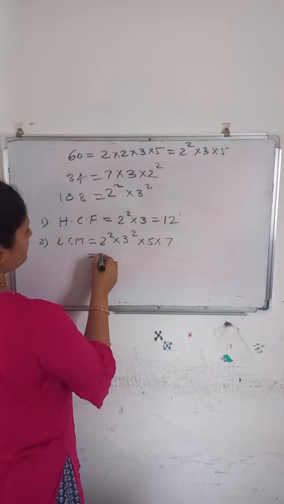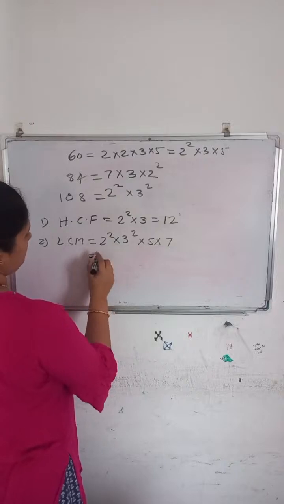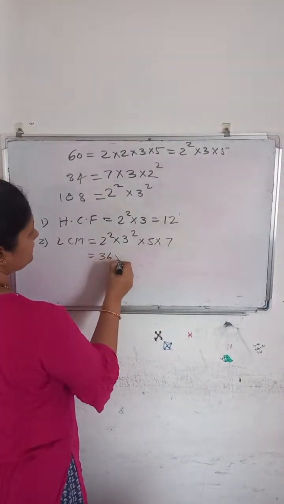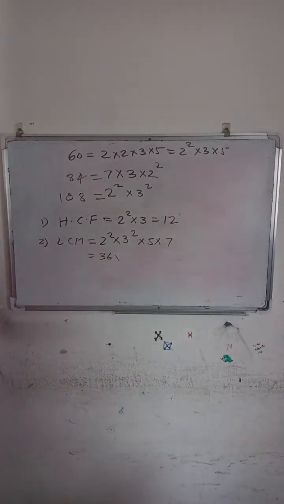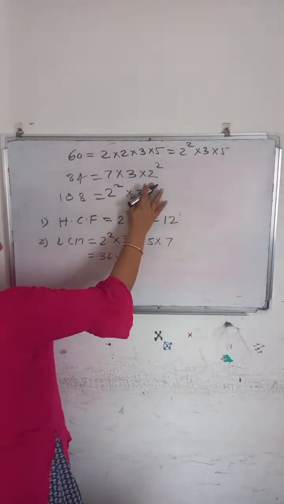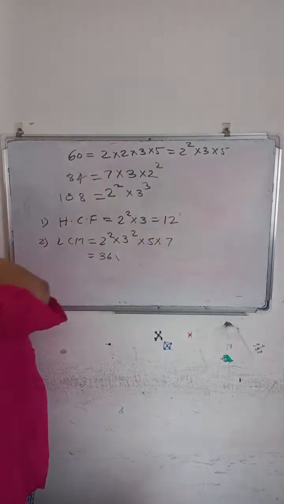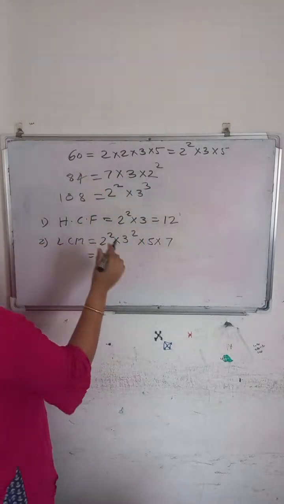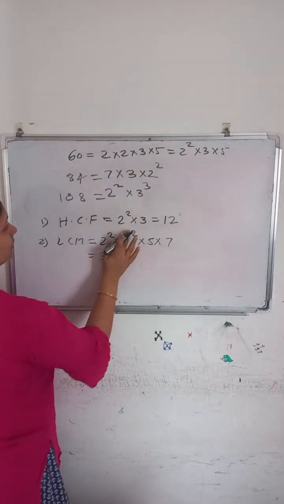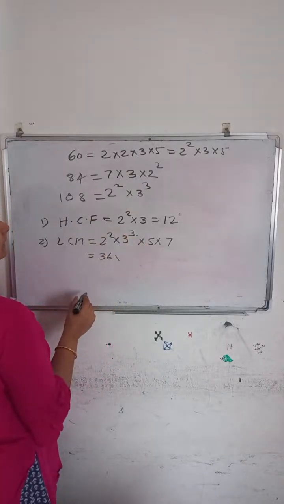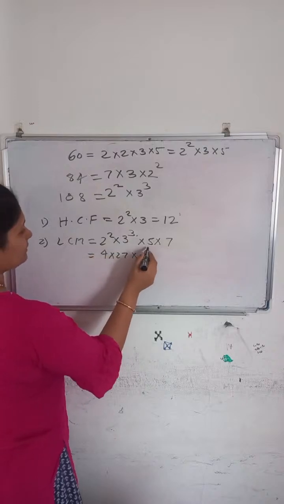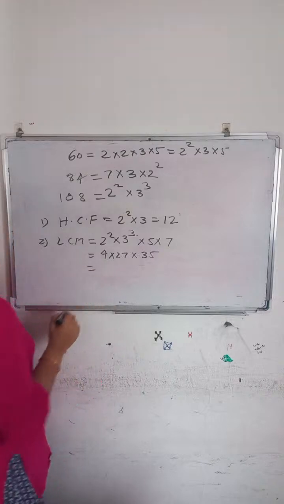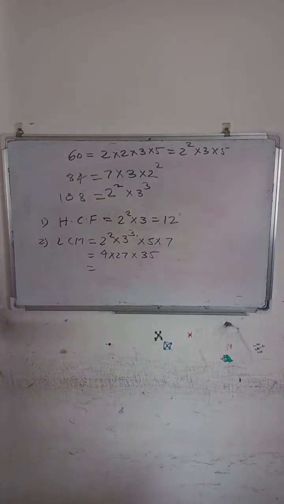Actually I made a mistake: for 108 the cube will come, so the power will be 3. So here it will be 4, 27, 5 and 7. Do this multiplication and check the answer.